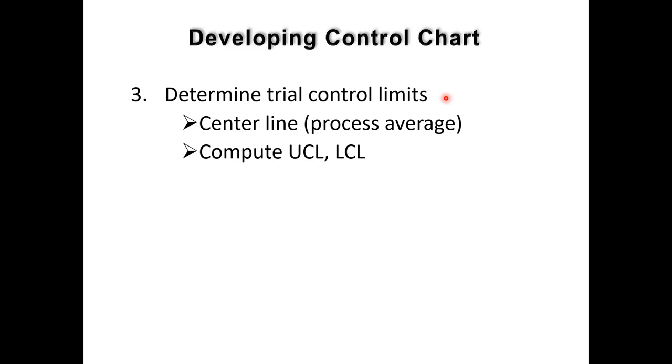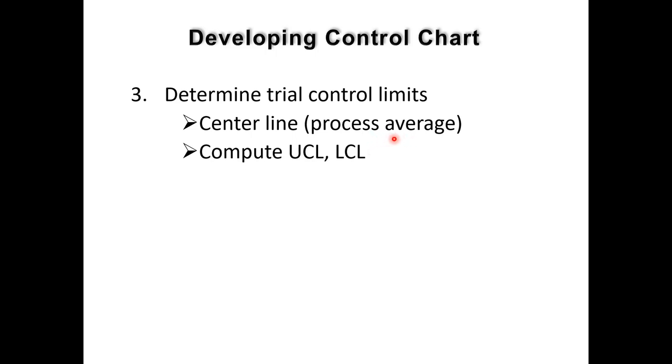Remember, we have a set of formulas for us to compute the control limits. So this would be the point where you will come up with trial control limits. I'm going to speak more of this later on. You remember, you have to compute the center line, basically the mean value of the quality characteristic for that process, and then you compute the standard deviation.